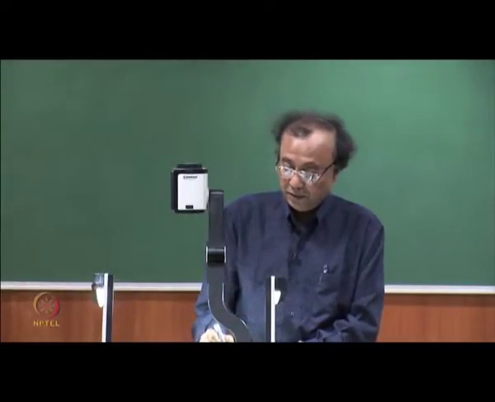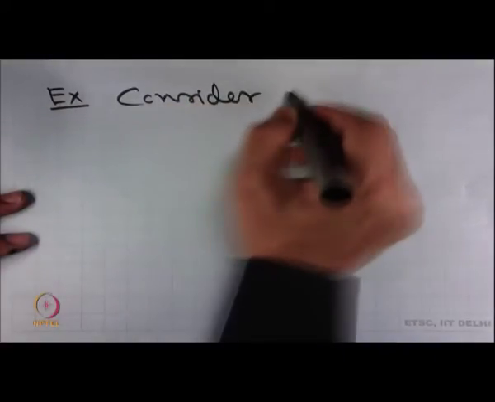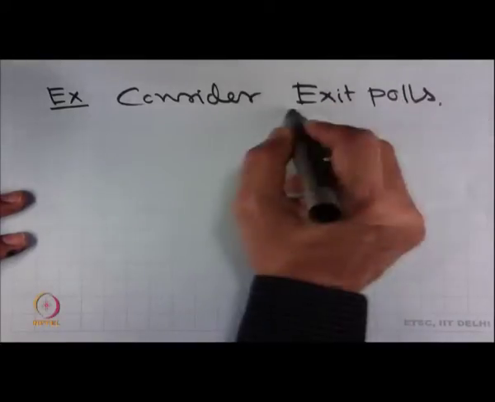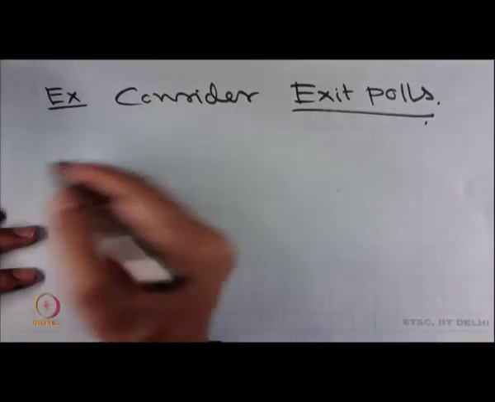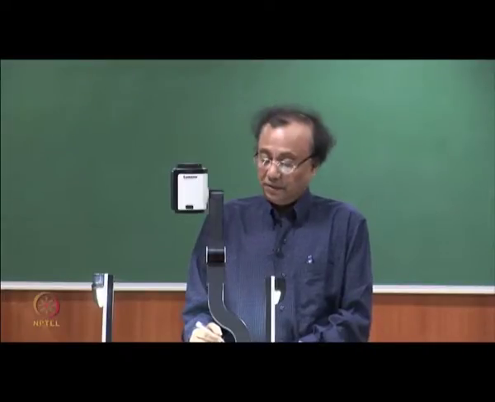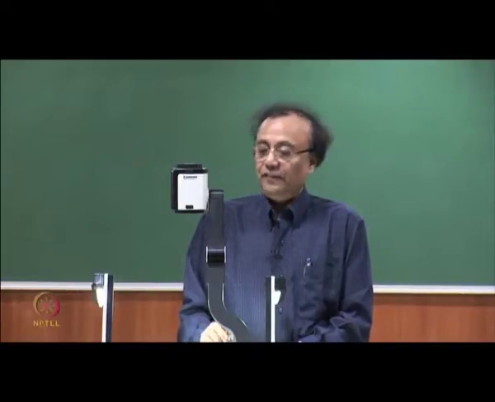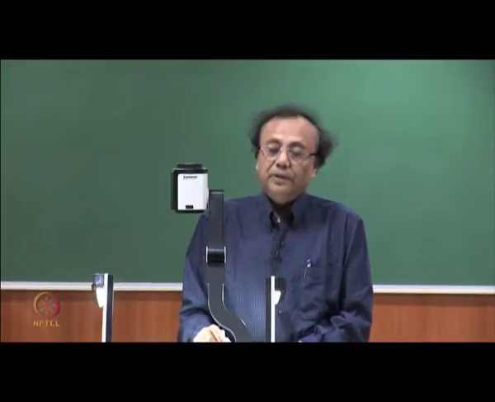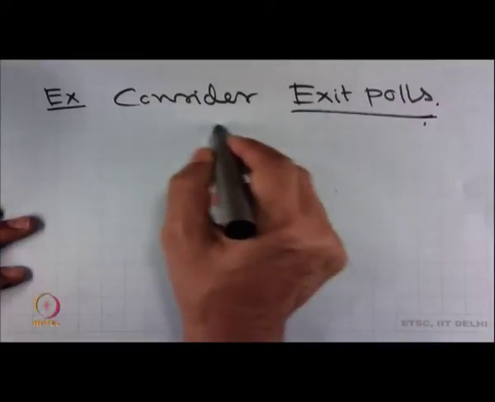For example, consider exit polls. There are so many voters, in terms of millions of voters, scattered all over the country in different states, different districts, different blocks, different polling booths. It is impossible to consider all of them with equal probability. So, what can be done?